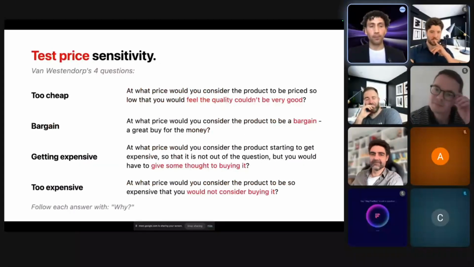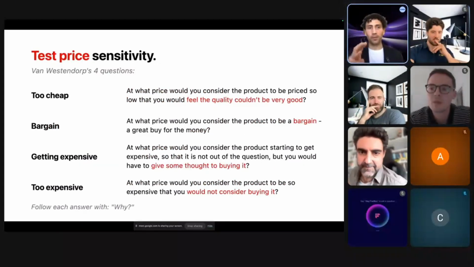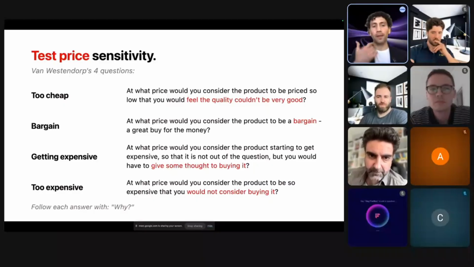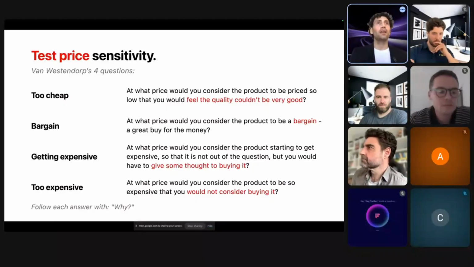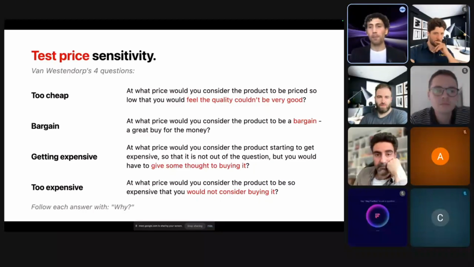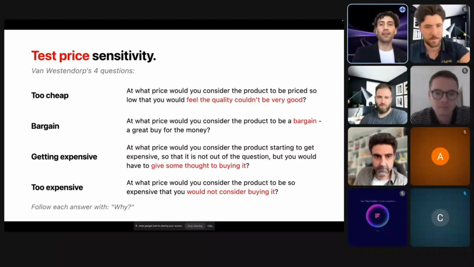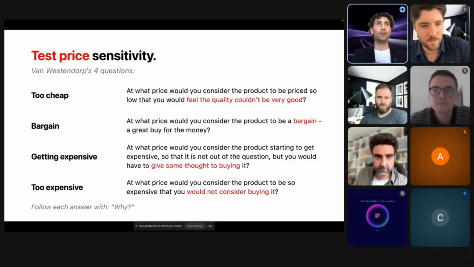Yeah, very good point. So maybe you do this already. I find these questions very useful. As you're doing customer interviews, probably, you're still figuring out what's the best pricing. This helps you to understand what's too cheap, so they don't consider buying because they think the quality is too low, and what's too expensive, so they don't buy.